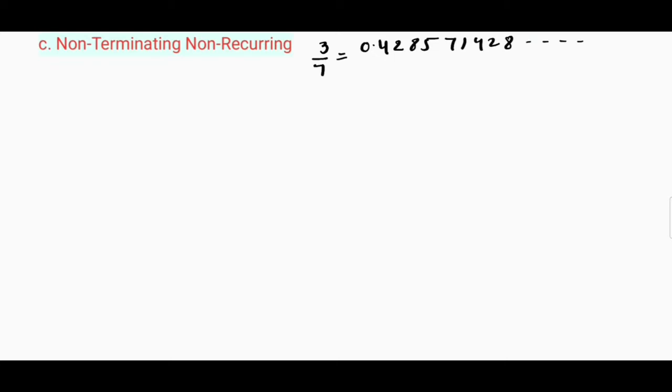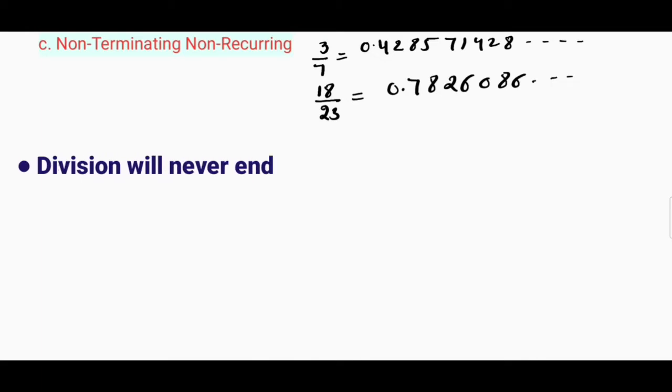Means here also we won't get any remainder equal to 0. Similarly, if I divide 18 by 23, my answer will be like 0.782686 and it will go on. So here also the division will never end and we won't get any remainder equal to 0.